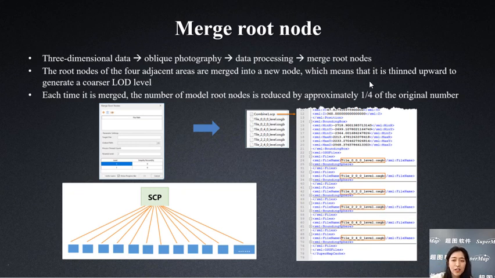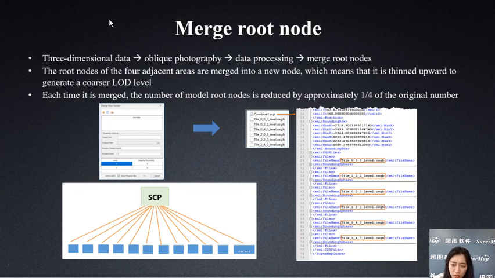In the data production process, due to insufficient software or hardware resources, including software license or hardware memory, it needs to be divided into small blocks to generate the OSGB model. If the set length of the block is too small, it will cause thousands of files under one measurement area.